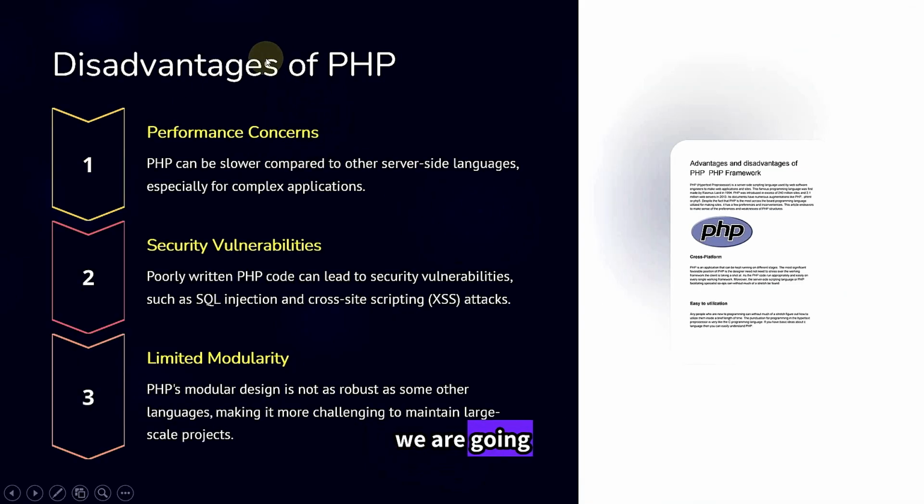After that we are going to discuss the disadvantages of PHP. The first one is the performance concern. PHP is slower compared to other server-side languages. So that's the first disadvantage. The second disadvantage is security vulnerabilities.